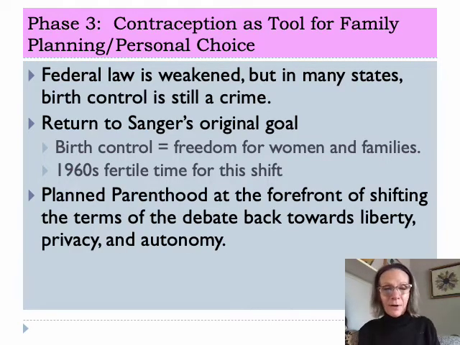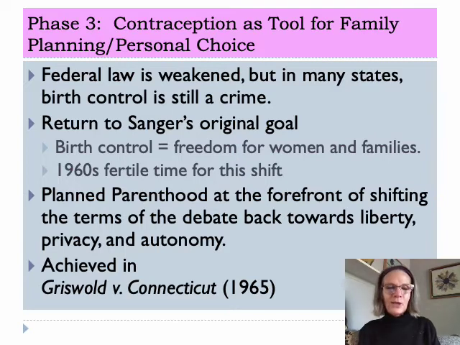And Planned Parenthood, which is the group that develops out of the work and the groups that were formed by Margaret Sanger, is at the forefront of shifting the terms of this debate back towards liberty, privacy, and autonomy. And they achieved that goal in the landmark case Griswold versus Connecticut from 1965.